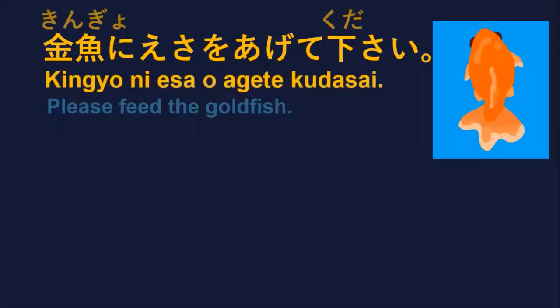This is a goldfish. And please feed the goldfish. How to say please feed? So today we saw the te form. So wherever you see please and then some verb, it means that it will take a te form. So for example over here, we say 金魚に餌をあげてください。 餌 means food for fish.